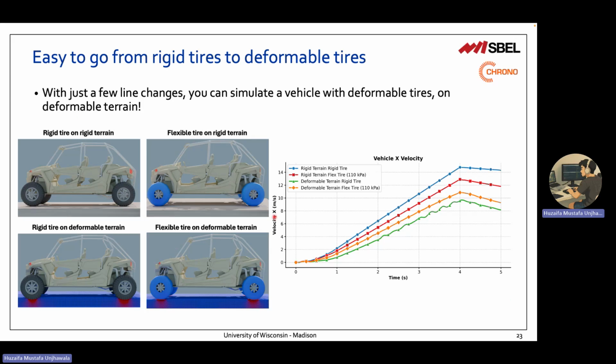This demo is actually the one we used in a paper that we recently submitted, and we found that when you go to deformable terrain with deformable tire, the velocity profile of the vehicle kind of makes sense. But more details about this are in the paper. You should probably read that.